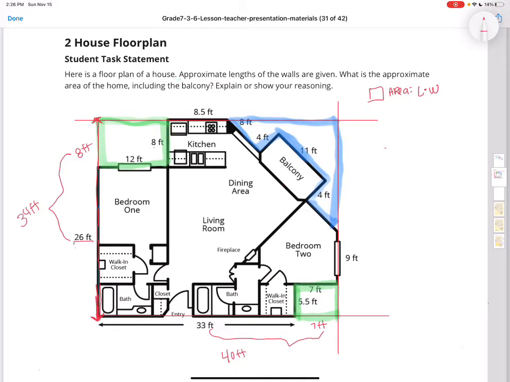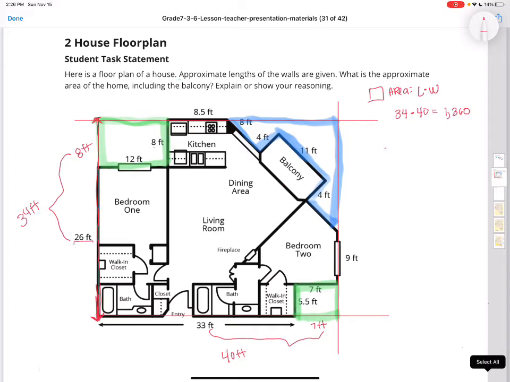So I want to multiply 34 times 40. When I multiply 34 times 40, I get 1,360. That's the whole area of this whole shape that we created in red.